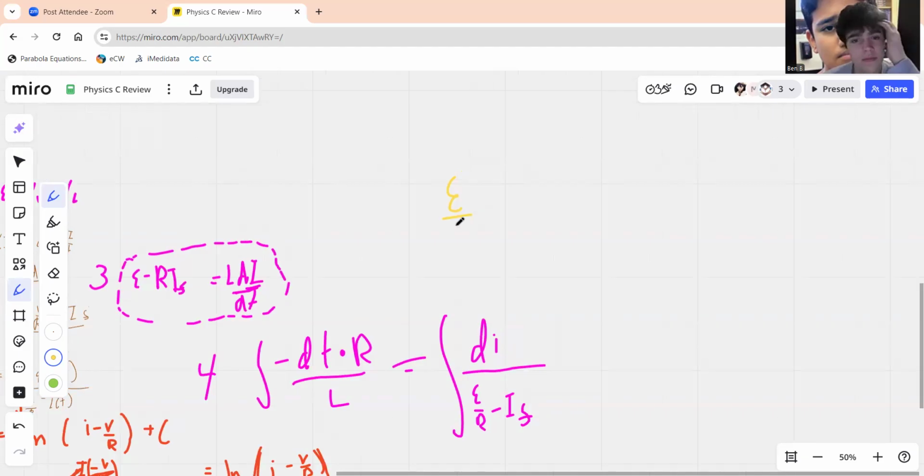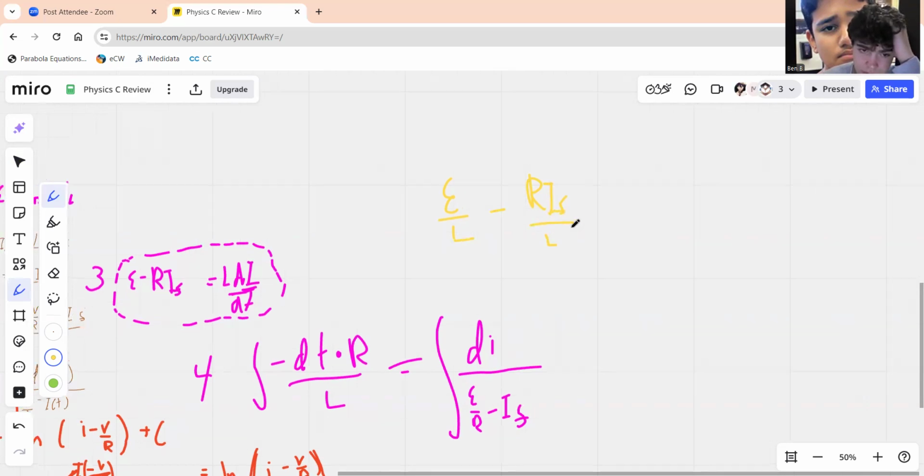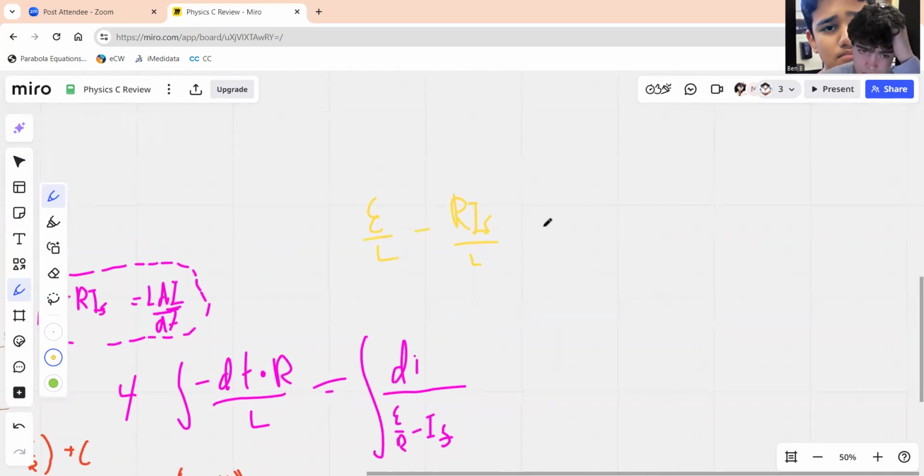E over L minus R I final over L equals di dt. Make sense?